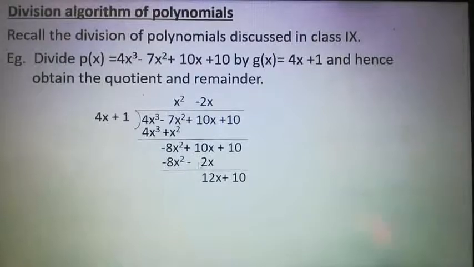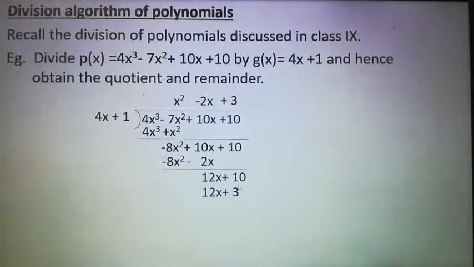Now can you divide it again? The degree of the dividend polynomial now is linear, that is first degree, and the divisor polynomial was also first degree, so same degree, still you can divide. So 12x by 4x, you will get plus 3. Now multiply again: 3 into 4x is 12x, plus 3 into 1 is 3, and subtract, and the remainder is 7.